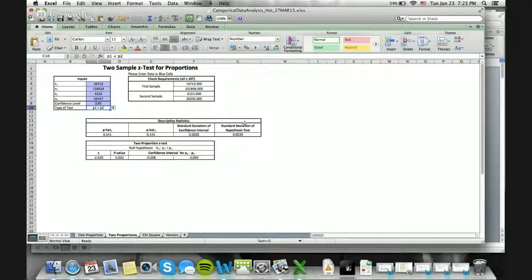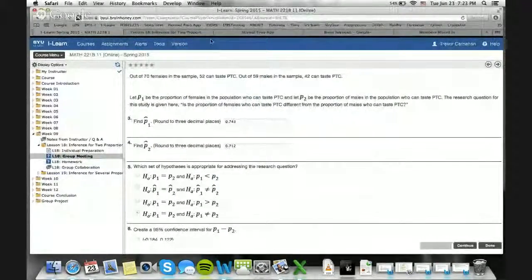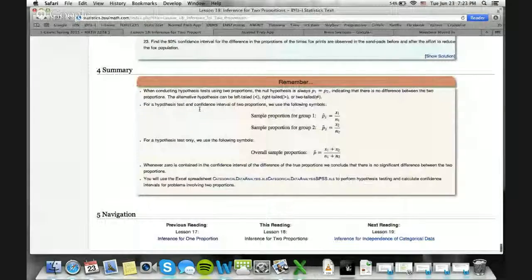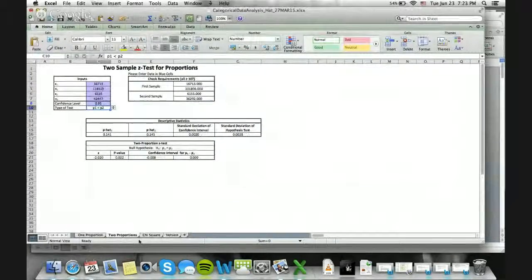Oh, look at that. If you go to the end of chapter 18, right here it says we'll use the Excel spreadsheet categorical data analysis. So if you just download that spreadsheet and click on 2 proportions down at the bottom, you can just input the data up here and then it pops out everything you're going to need.